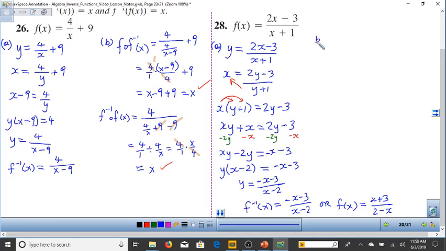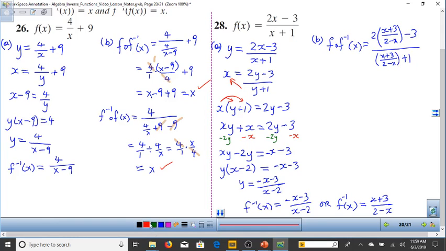Now let's check to see if our inverse is correct. So f of f inverse of x is equal to, now this will become a little tedious, 2 multiplied by the quantity, let's use the second one, x plus 3 over 2 minus x, then minus 3 over x plus 3 over 2 minus x plus 1.